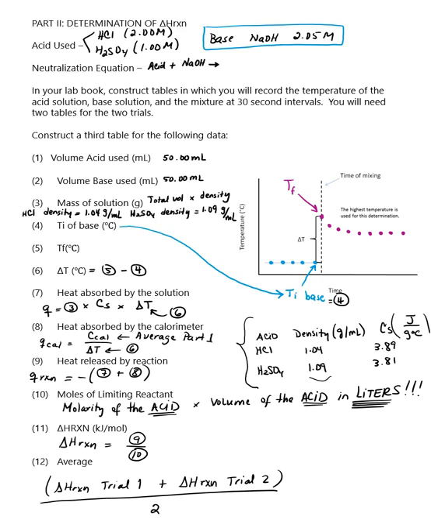Now the final temperature is the temperature where thermal equilibrium is reached, which means that you can use the last recording of temperature that you have in your table for time and temperature. It means that you can use the difference between those temperatures to calculate your delta T here.